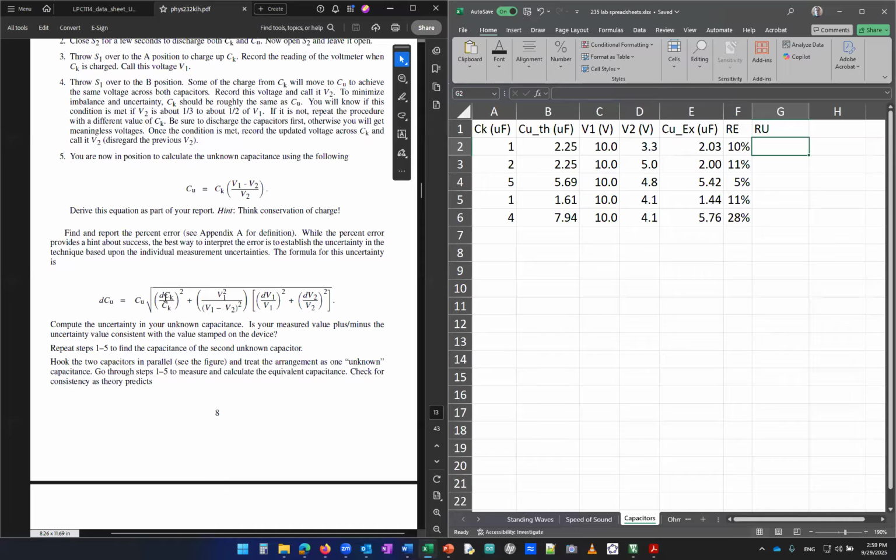So what exactly is the dCK? That's the uncertainty of the known capacitor. Do we actually know how much that is? We actually don't know much about it, except that we have 1, 2, 3, 4, 5, up to 10 to choose from. So this one we don't actually know.